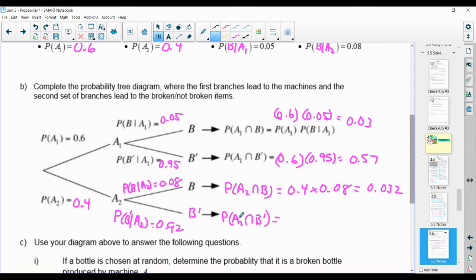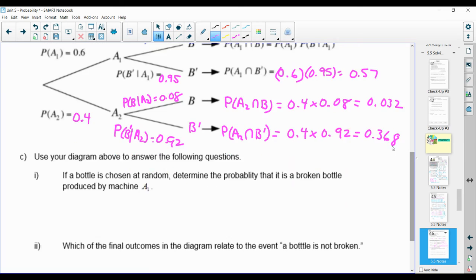And the last scenario, the probability that the bottle comes from machine A2 and it's not broken would be the probability of A2 times the probability of not broken given A2. So 0.4 times 0.92, and that gives me 0.368. Now, sometimes there is some rounding involved, so you won't always get these numbers to add up exactly to 1. But if you keep your numbers exact in your calculator, these probabilities should always add up to 1.